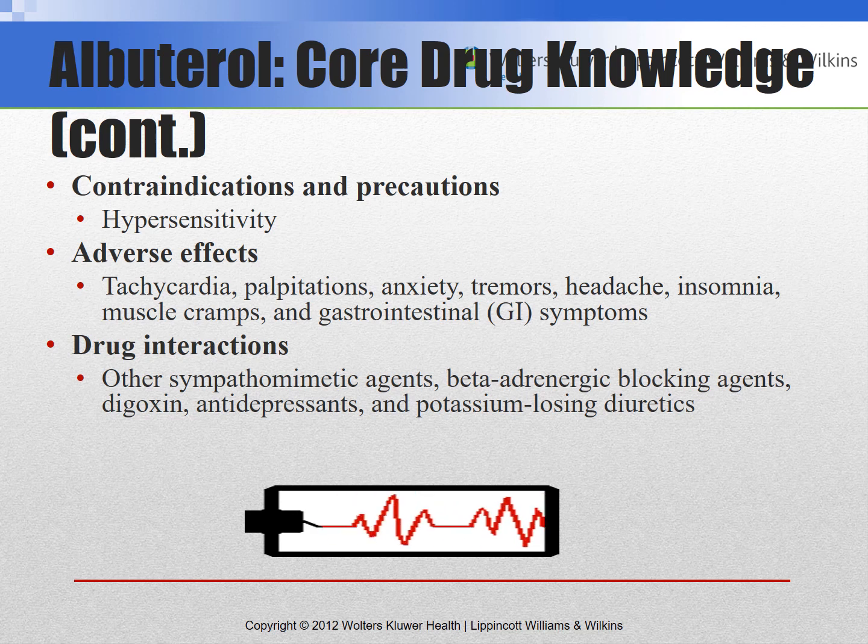You would have vasoconstriction, a decreased renal blood flow, a decreased GI blood flow. So when you're thinking about that, that's the reason that you're going to see these particular adverse effects.